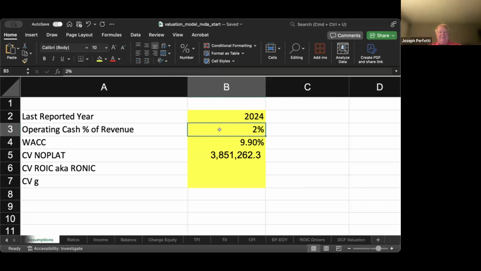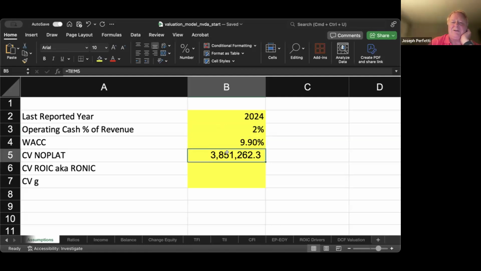Year 6 is the beginning of the continuing value period, right? If we did a 10-year model, we would forecast 10 years, and then we'd have an 11th year, an N+1 year, which basically be the beginning of the continuing value formula. So you always forecast 1 more year than your explicit forecast period. That final year is the beginning of the continuing value.